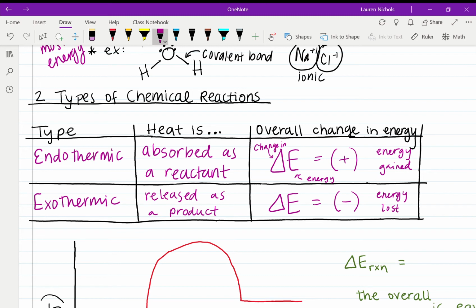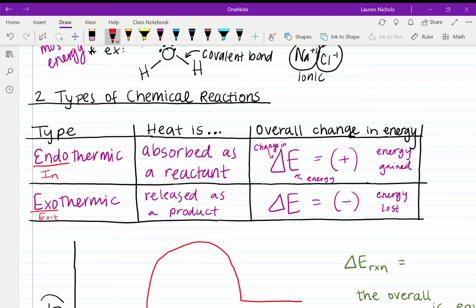So in one, energy is gained, in another, energy is lost. One way to help you remember what type you're talking about is endo sounds like in, meaning heat is going in, and exo sounds like exit, which means energy is going out. That's one way to help you remember.